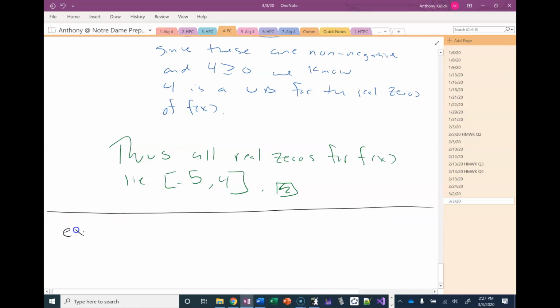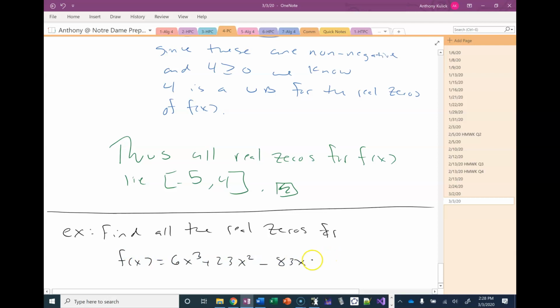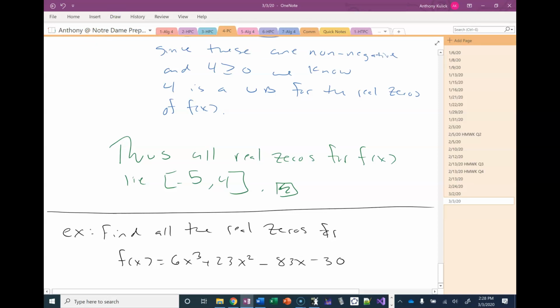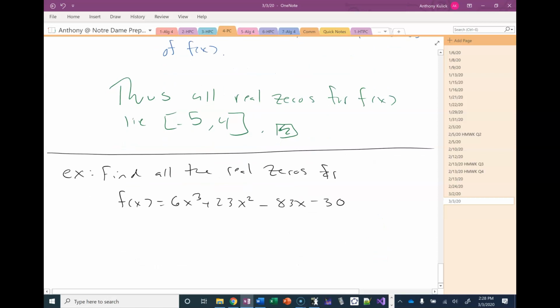Let's do one more example here. All right, so let's say we want to find all the real zeros for the polynomial f of x equals 6x cubed plus 23x squared minus 83x minus 30.